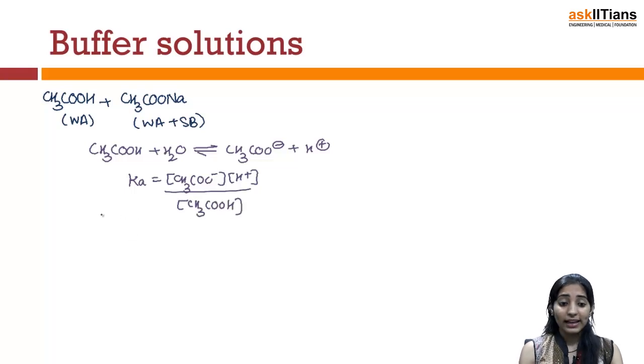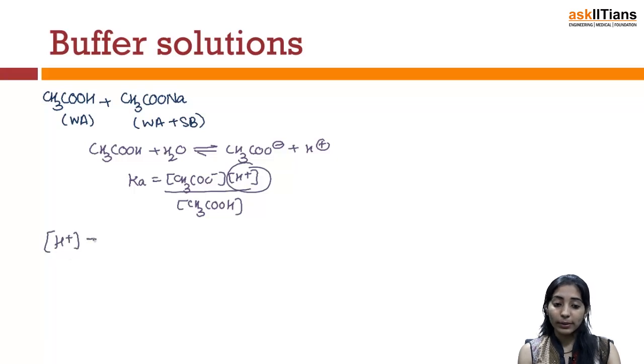Can I get the value of H positive aside? Very easily we can. I can say that the H positive value will be nothing but Ka times CH3COOH divided by CH3COO minus.